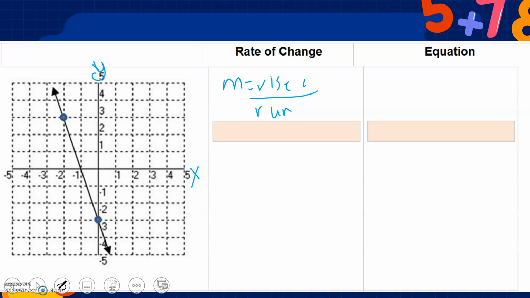We see that on our y-axis, we are at 3. And I need to get to my x-axis. So let's rise 1, 2, 3. So my rise is 3. I'm going to run over 1. So my m equals 3.